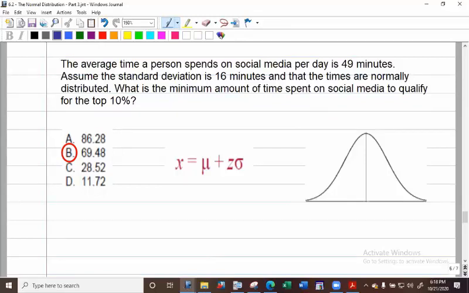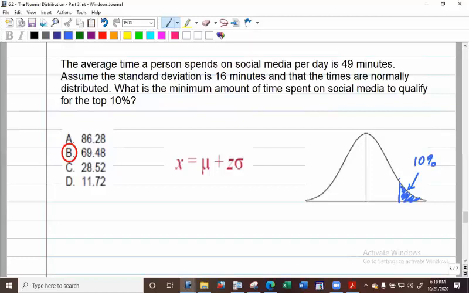All right, social media is 49 minutes per day, standard deviation 16. Times are normally distributed. What is the minimum amount of time spent on social media to qualify for the top 10%? The key on this, especially if you're using a calculator, is that we understand this wording does not mean 10th percentile.